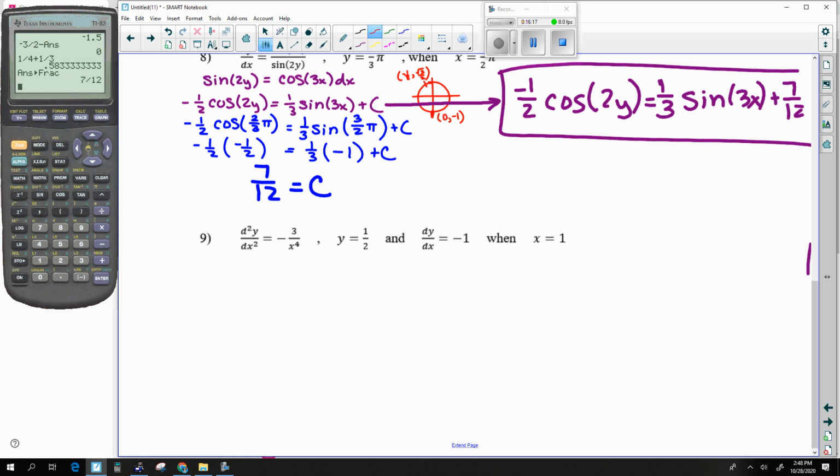Okay, so let's actually understand what this is saying. Second derivative. Oh, nope, I'm going to separate variables right now. Nope, I'm not. I lied again.